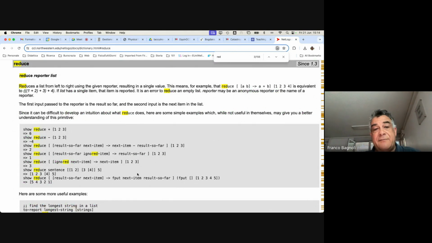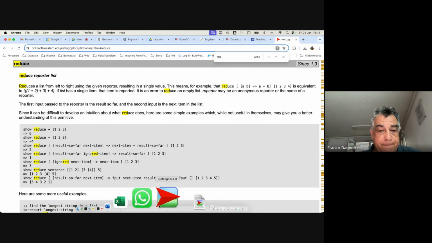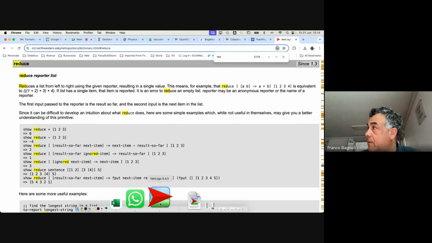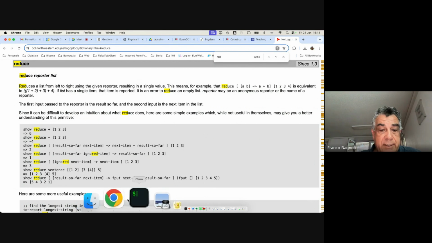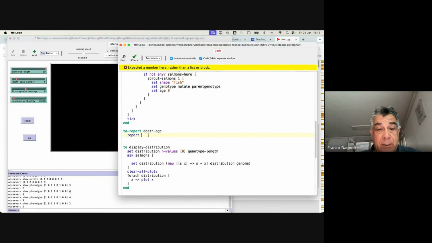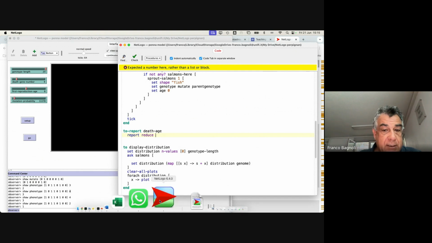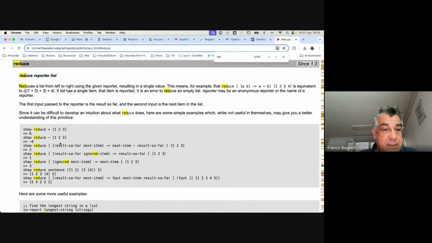Because it starts from the beginning, and so it takes the first two, and so on and so on. So you take the genotype of each individual and see at which age it can die. Yes, exactly. So let's try to write this. Report reduce. How is the syntax? Reduce takes an anonymous function with two items and the list.